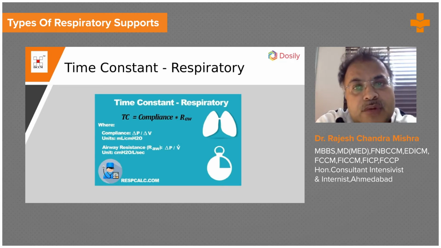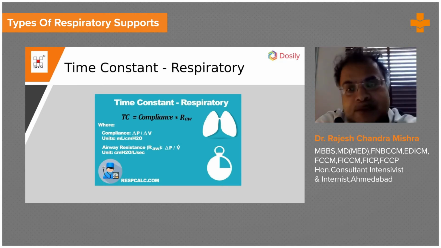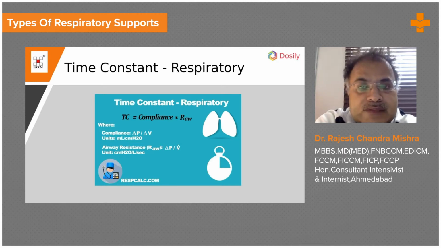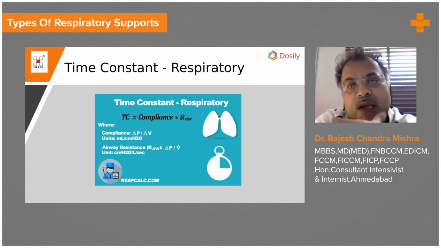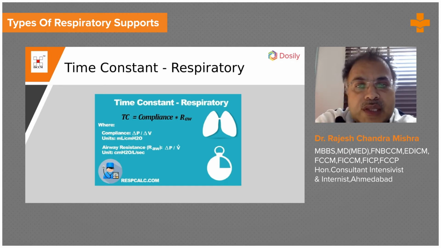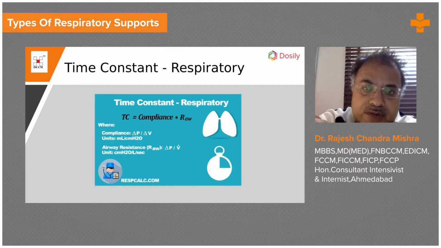To make you understand in a practical way, compliance means how easily the lung can inflate or deflate, and resistance means how easily our windpipe can inhale or exhale. In a nutshell, it indicates how quickly or how easily our alveoli can fill in and fill out.